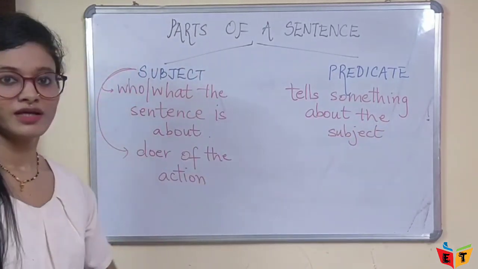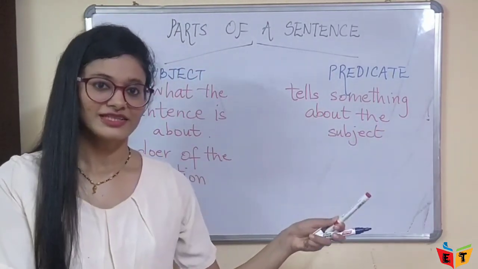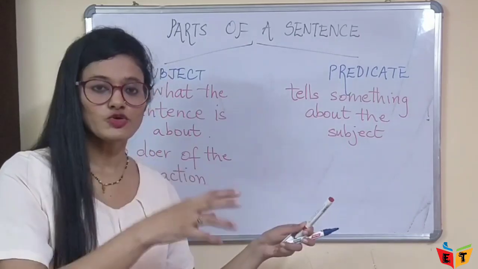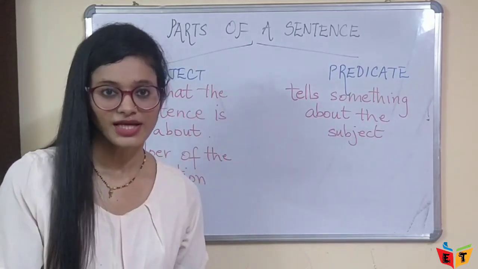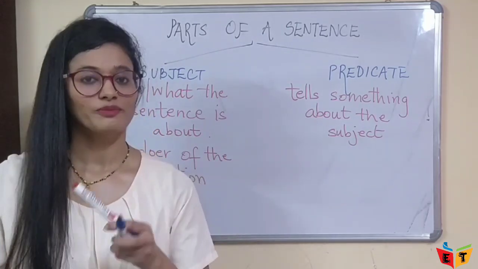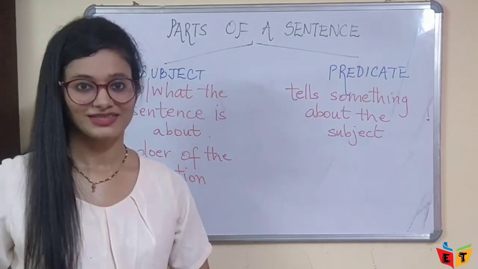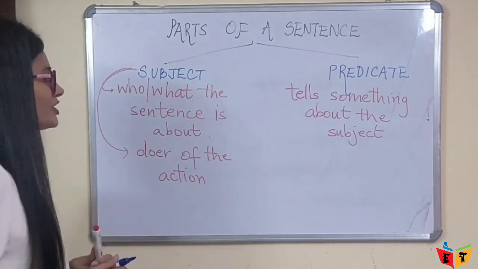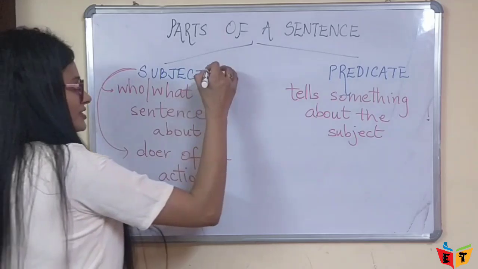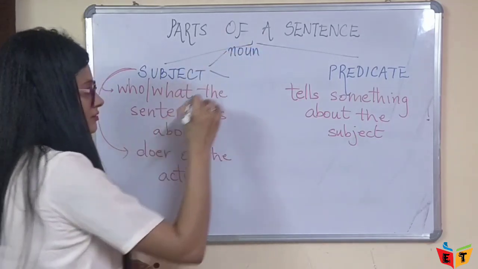Okay, so there are two main parts of a sentence. One part of a sentence is your subject that tells you who or what the sentence is about, and the other part, the rest of the part of the sentence leaving the subject, is your predicate that tells you something about that subject.